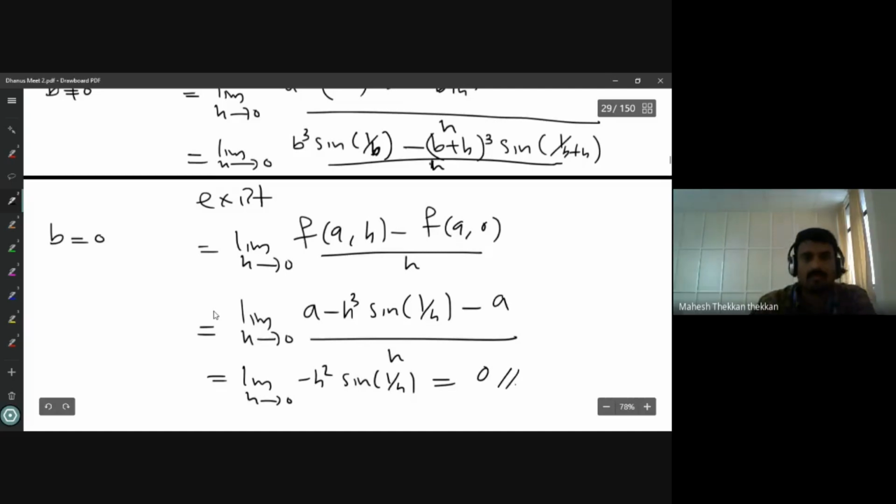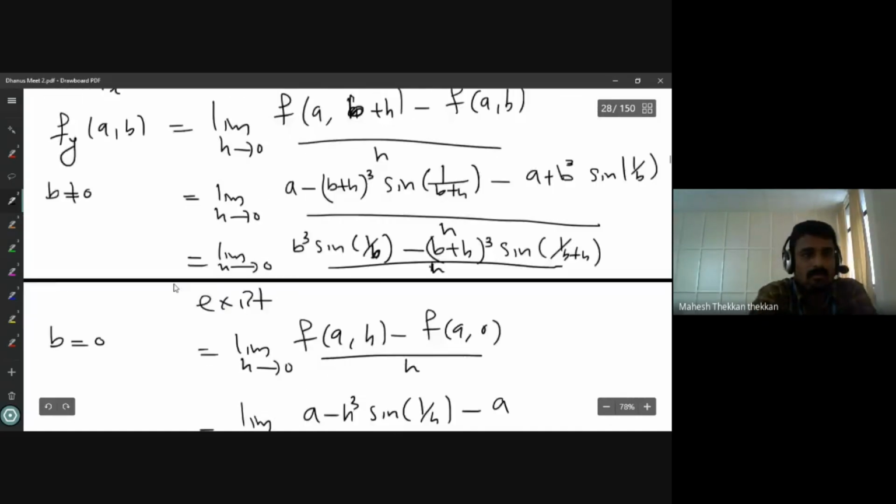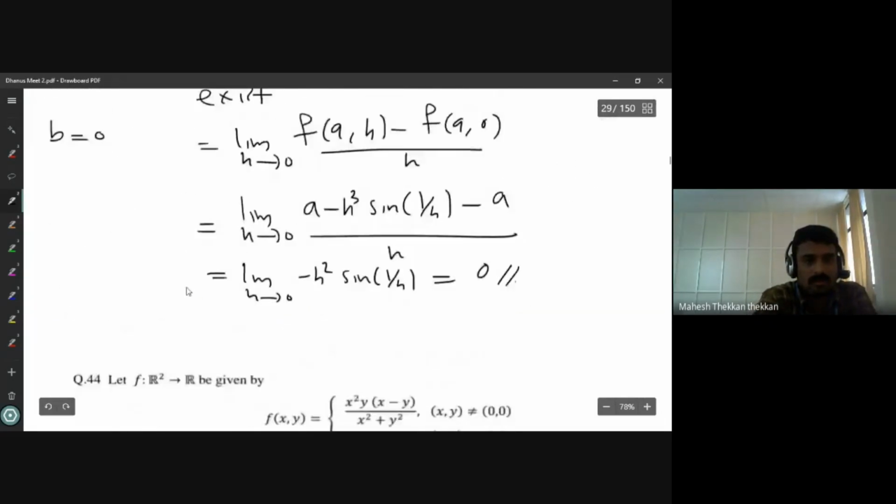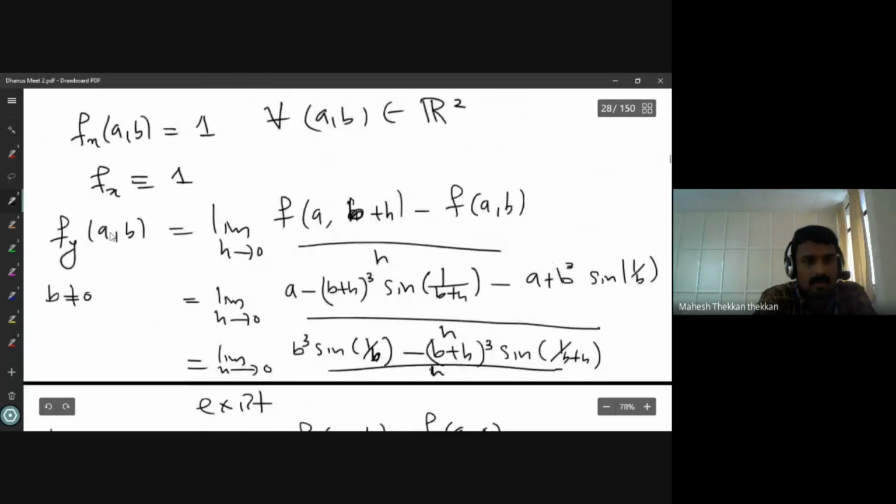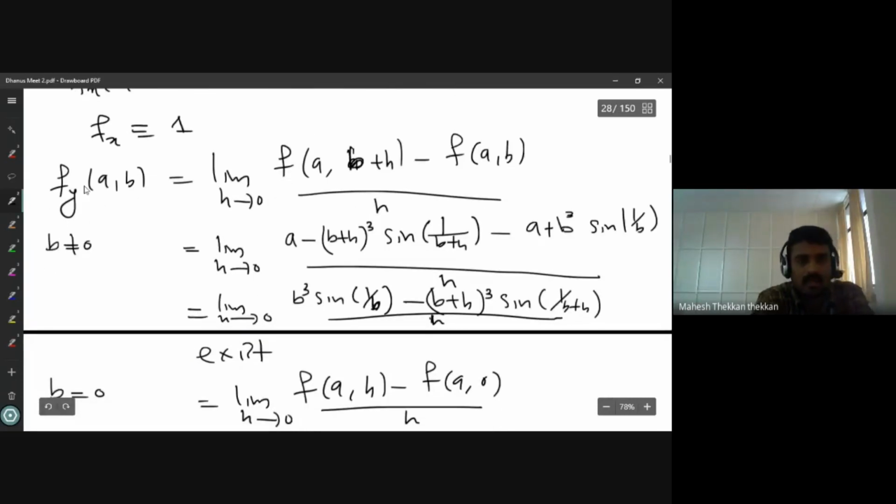Okay, so what I got, I have found the partial derivative of f with respect to y at the point (a, b) in both the cases. I only wanted to look at whether this exists or not. This value you can find by L'Hospital rule, just routine computations.